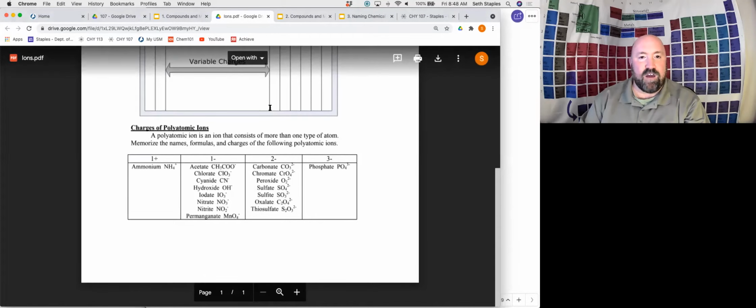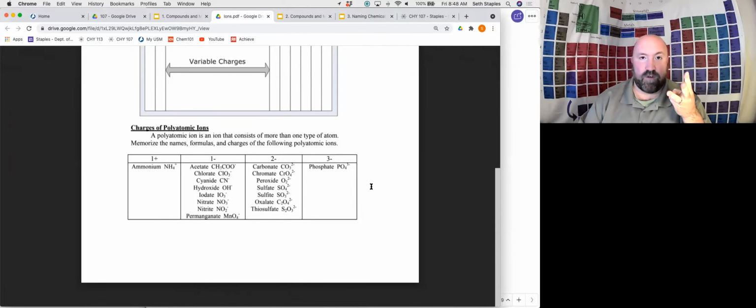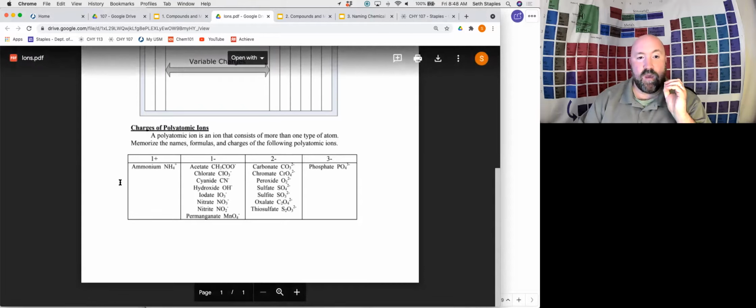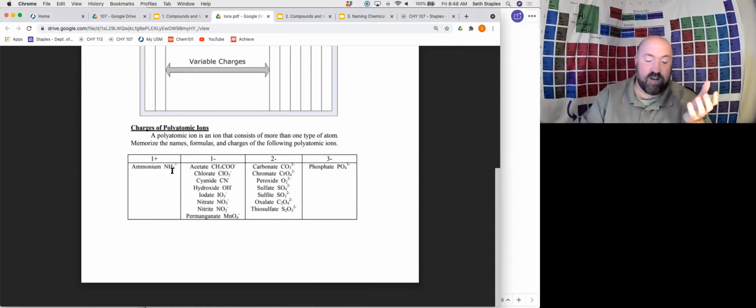And so these polyatomic ions on this handout do need to be memorized. You need to know the names, the formulas, and the charges of all of these. I recommend color-coded flashcards. Put the name on one side, put the formula on the other, and if you have cards that are different colors, awesome. If not, use some highlighters, but use anything that you can to color code according to charge.